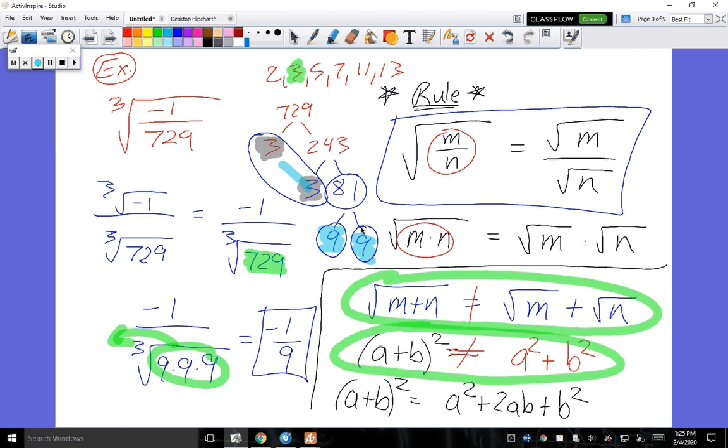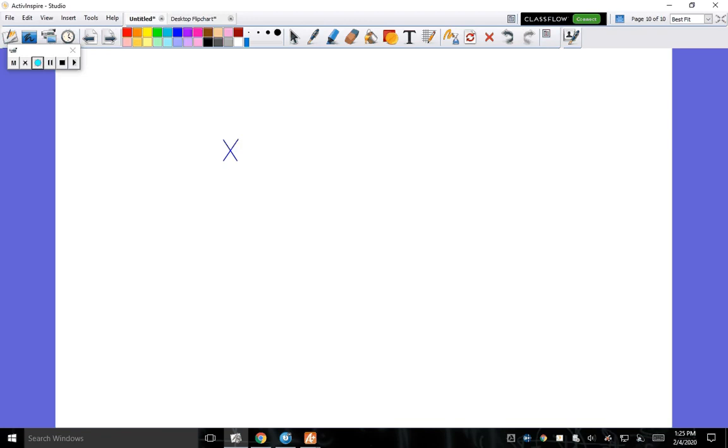Let's go ahead and begin. So negative 125. So we have x cubed z to the 15th negative 125. And we're going to cube root this thing. Okay?